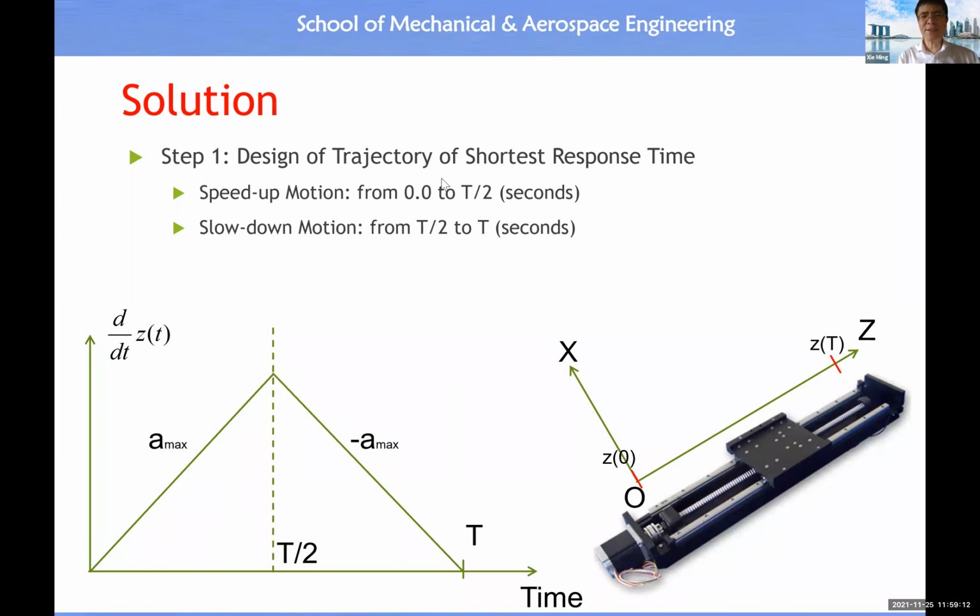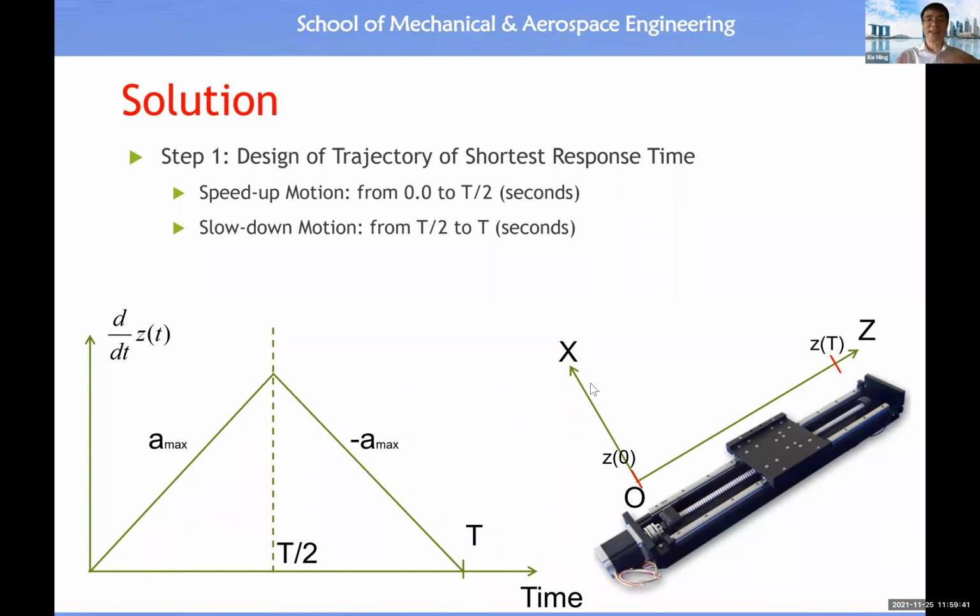For the speed-up phase, we use the maximum acceleration. For the slow-down phase, we also use the maximum deceleration. Assume the time taken by this robot is T, because we want to determine T. Therefore, for the first phase, the time interval is from 0 to T over 2, and for the second phase, the time interval is from half T to T.